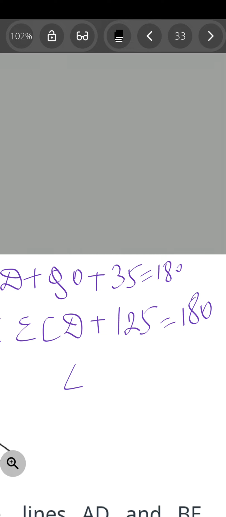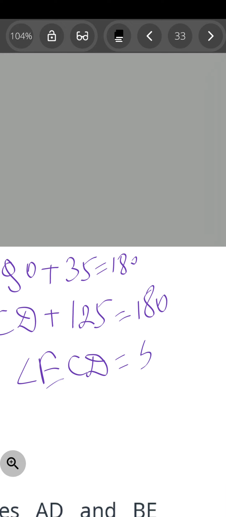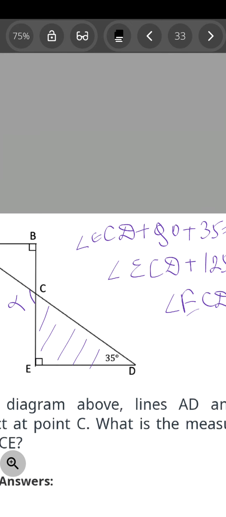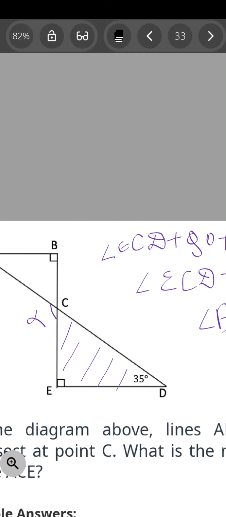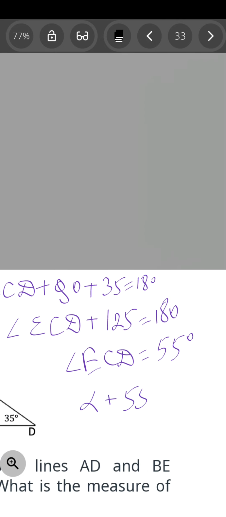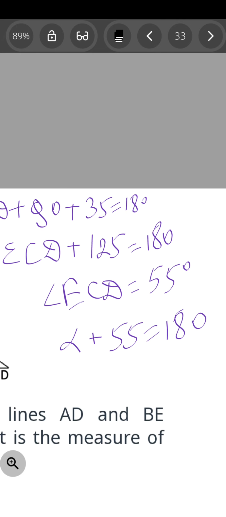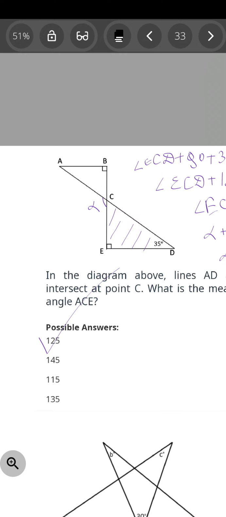We'll get that the angle ECD is equal to 55 degrees. And the angle ECD and the angle alpha are supplementary angles. It means that their sum must be equal to 180 degrees. So we can write alpha plus 55 is equal to 180. Let's subtract 55 from both sides of this equation. We'll get that alpha is equal to 125 degrees. So our answer will be 125.